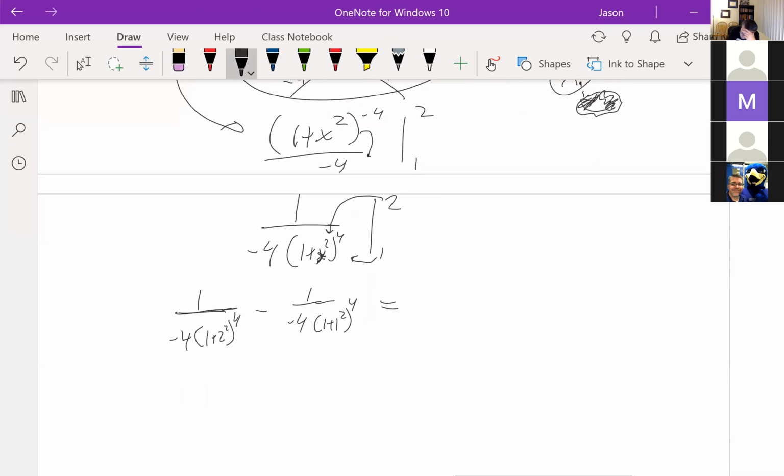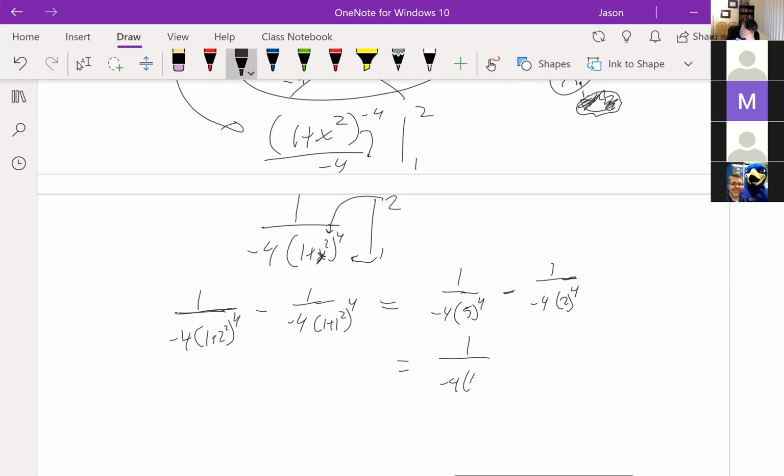So what's this going to be equal to? 1 plus 2 squared, that's 4 plus 1 is 5. That's 5 to the 4th power. Minus 1 over -4 times 1 plus 1 is 2, so 2 to the 4th power. 5 to the 4th power is 625, you could just plug it into a calculator.